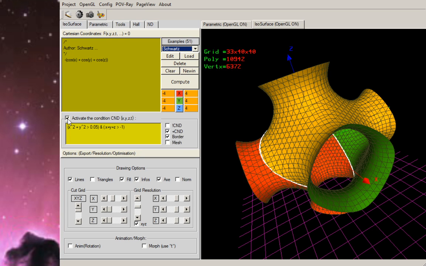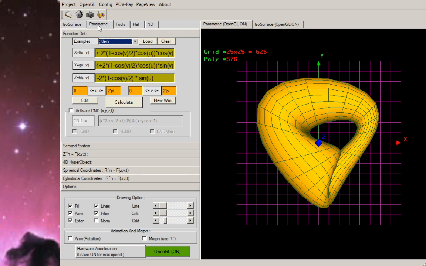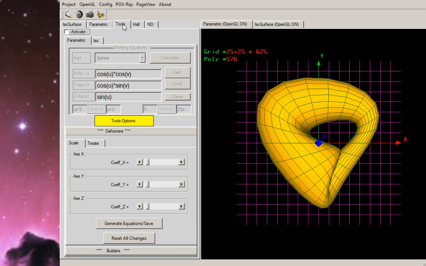Activate the condition. X squared plus y squared is greater than 0.00. If x squared plus y squared is greater than 0.05 and x plus y plus z is greater than -1. I don't know what that does. Parametric tools.